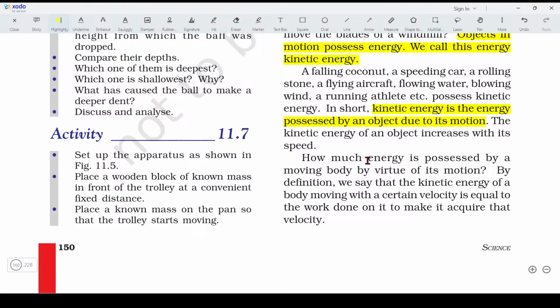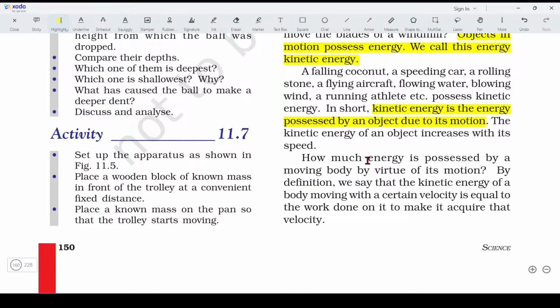If there is a small plastic ball versus a big football, even if both balls are moving at the same speed, the plastic ball will not be able to move any object, but the heavier football will. So at the same velocity, the heavier one will have more energy.